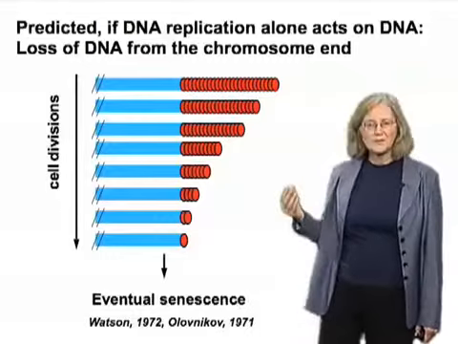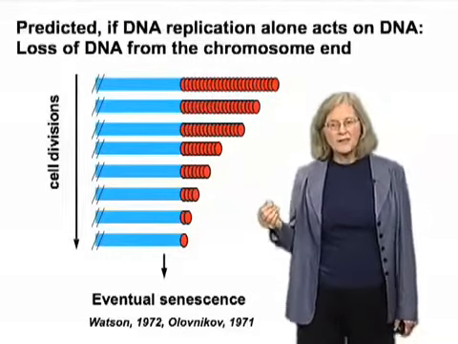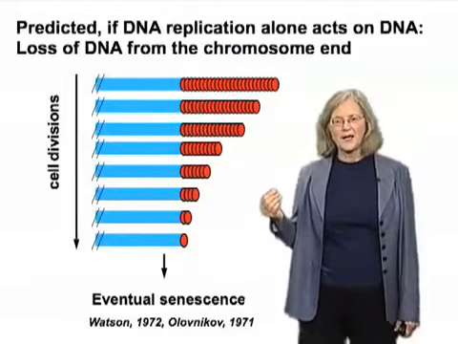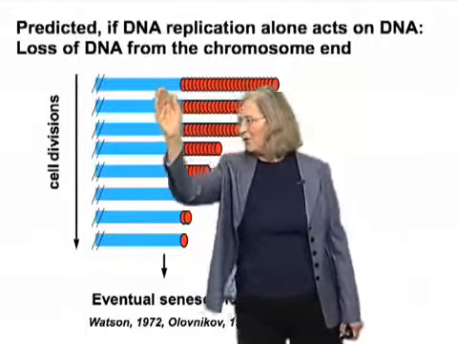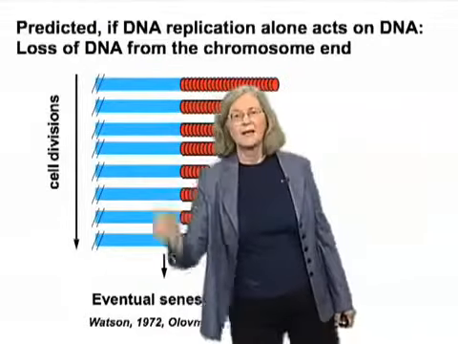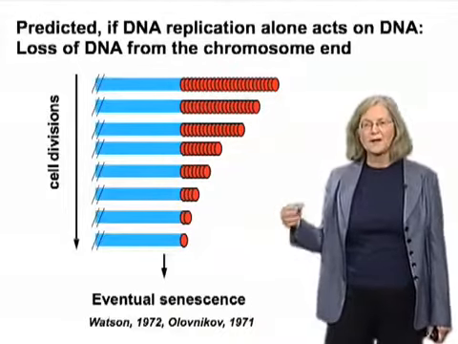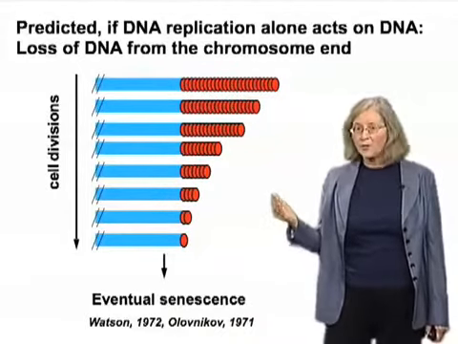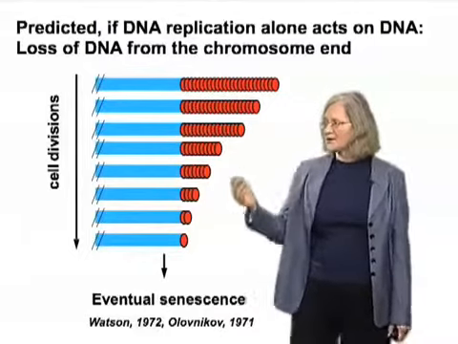And this is just a simple consequence of the nature of the DNA replication machinery that is otherwise so good at replicating all the way along, all the length of the chromosomal DNA. But the very ends cannot be completely replicated without some form of compensatory mechanism. So what's the consequence of this loss?